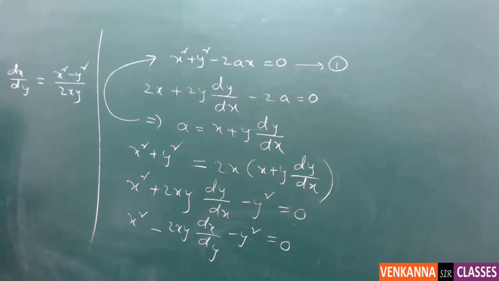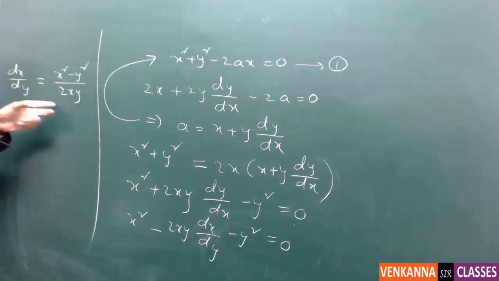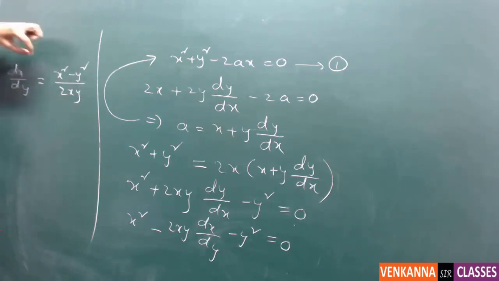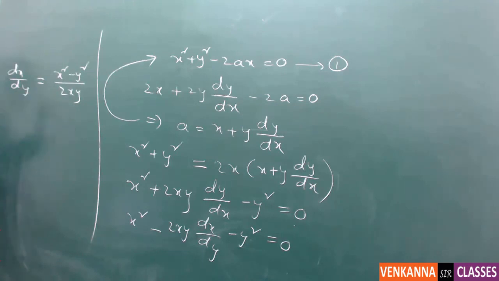Do you get the idea? Whenever you write the function as dy by dx is equal to something or dx by dy is equal to something, if the right side function is homogeneous, meaning each term has the equal power, power 2, power 2, power 2, in such a case we have a technique.